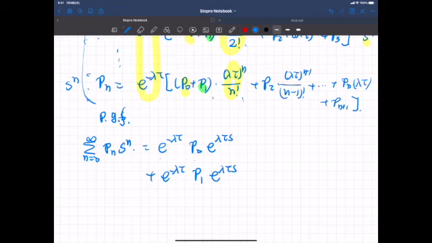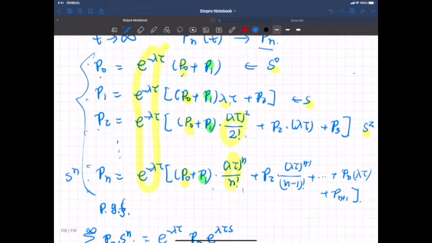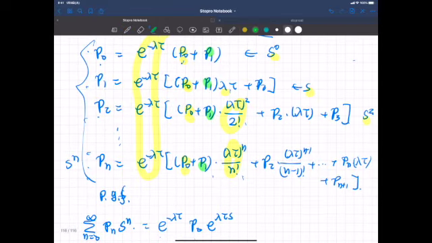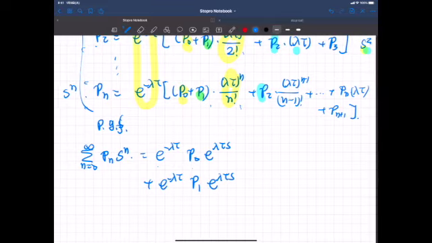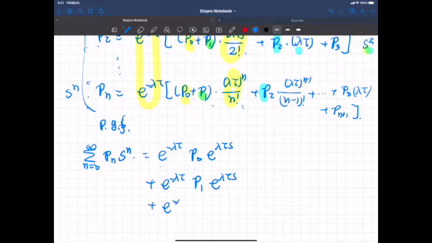Next, terms involving P2. Those should be this one, and this one, and this one, and so on. We have one s here and two s's here, but the power of lambda tau is one less than the exponent of s. So we take one s out. So lambda tau P2, one s out.